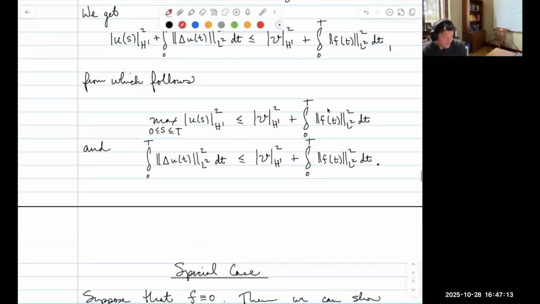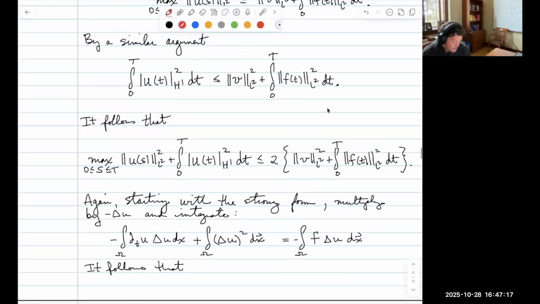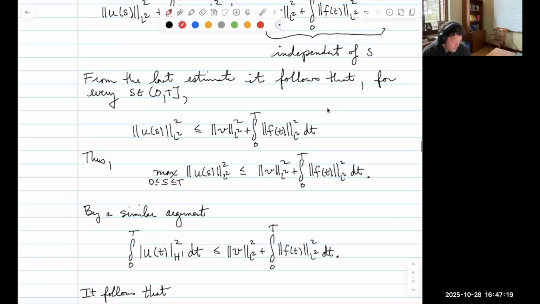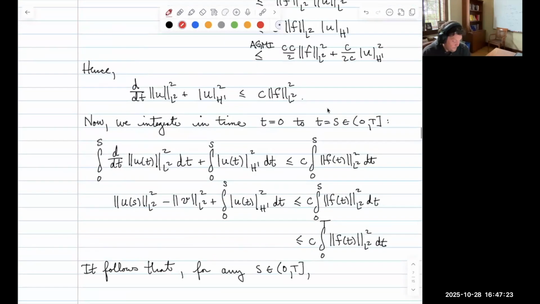And where it comes from is in the step in this step here. Instead of integrating from 0 to S, what if I integrate from T1 to T2, where T2 is bigger than T1?